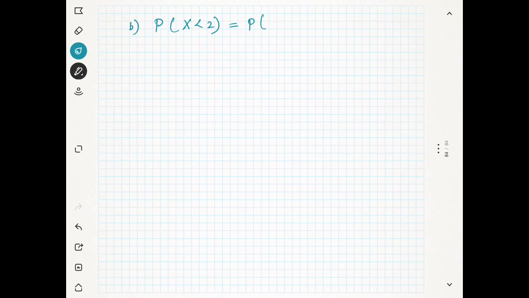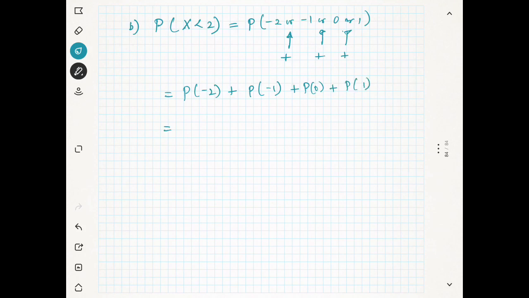I told you whenever I use the term or, you can add. Or means addition. So it is nothing but the probability that x is equal to -2 plus the probability that x is equal to -1 plus the probability that x is equal to 0 plus the probability that x is equal to 1, right?